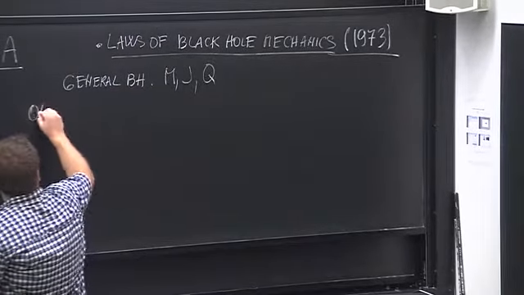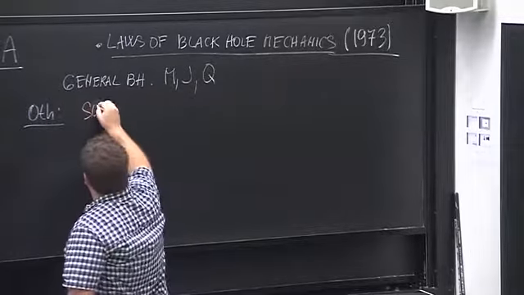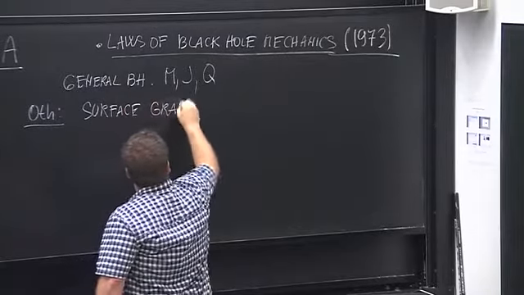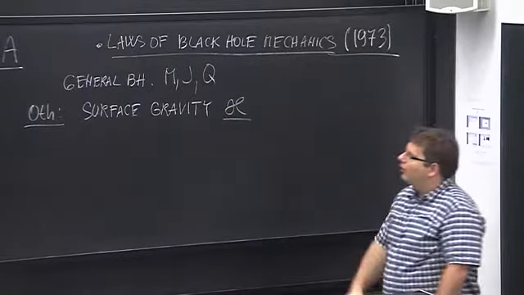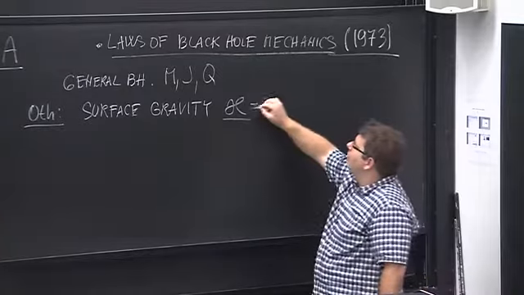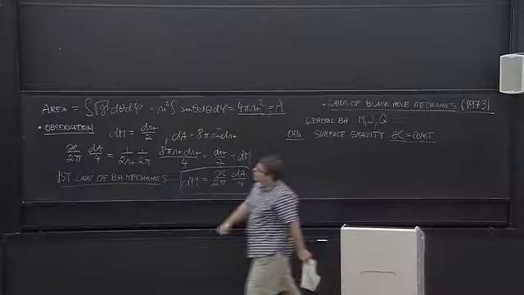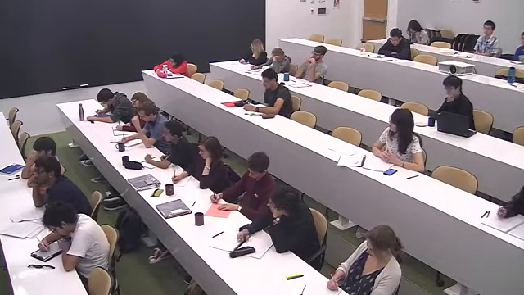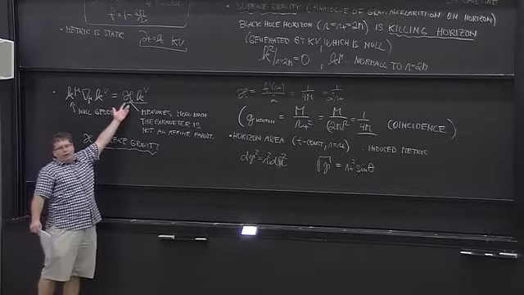So the zeroth law says that the surface gravity κ on the horizon of any black hole will always be constant. If you look at the definition, of course, I just define it as a measure of how much my Killing vector is not affinely parametrized, and this is in general a function.